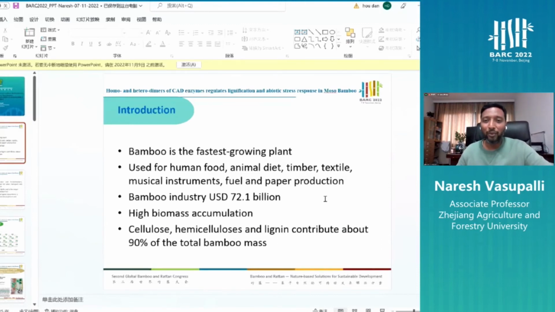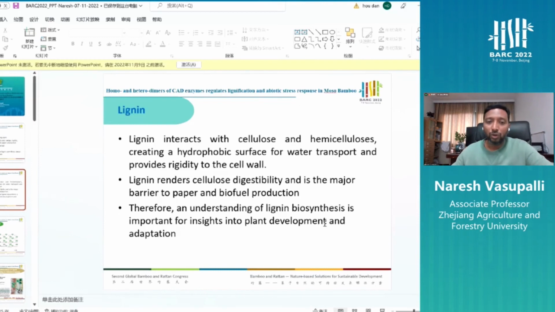As you all know, bamboo is one of the fastest growing plants, and it accumulates the highest biomass. 90% of the total bamboo mass contains cellulose, hemicellulose, and lignin. Lignin interacts with cellulose and hemicellulose, creating a hydrophobic surface for water transport and providing rigidity to the cell wall.